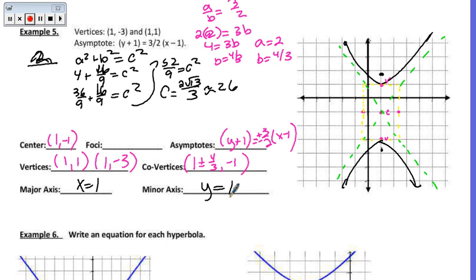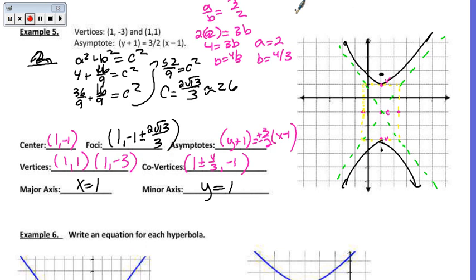And let's finally get the equation of this guy here. Off the center, oh, I guess we should do this too. So because the foci are going up and down off this y-axis, we're going to bounce off -1 plus or minus 2 root 13 over 3. Kind of crazy number.